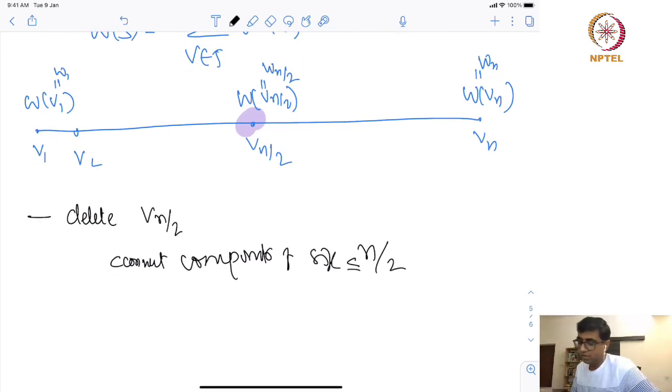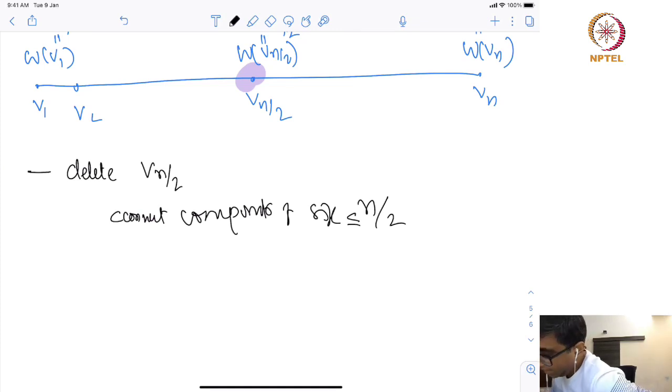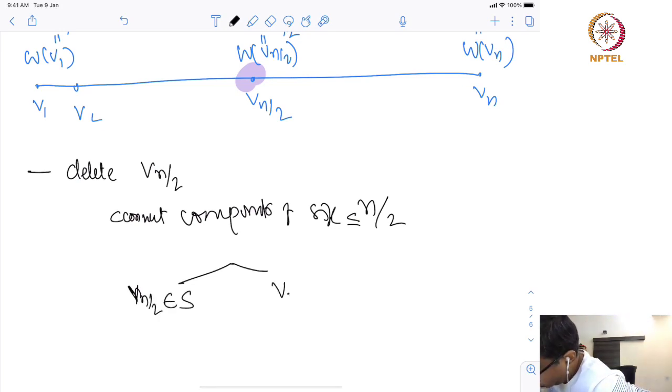Now, if I branch on this, what will be my branching algorithm? We'll say: either v_{n/2} is in the solution, or v_{n/2} is not in the solution, okay?